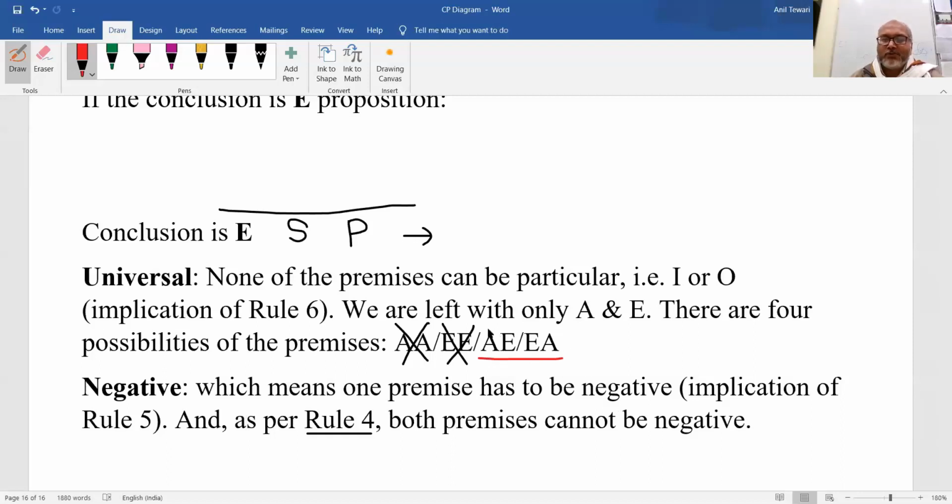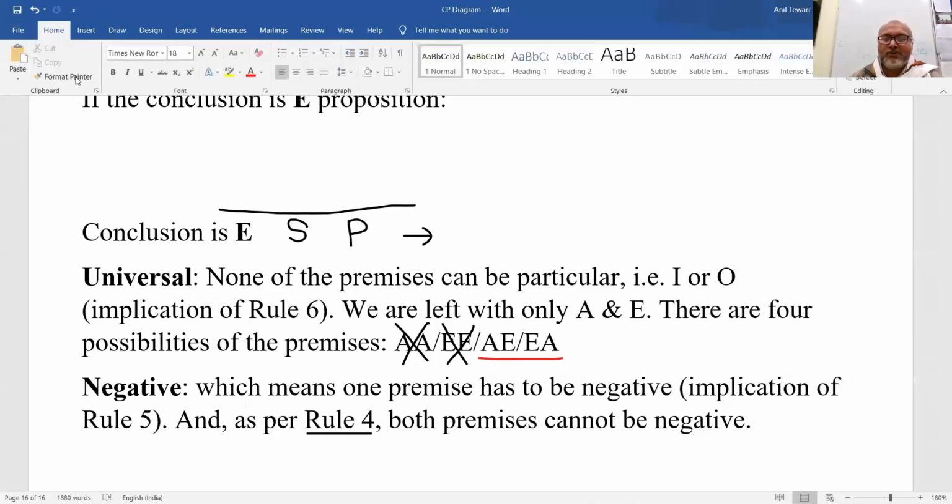Now you have to again filter because there are 4 figures and A, E, E, A possibility. You have to check which possibility is valid in the figures. Okay. So how to do that? You have to raise the other question, distribution question raise karna hai.